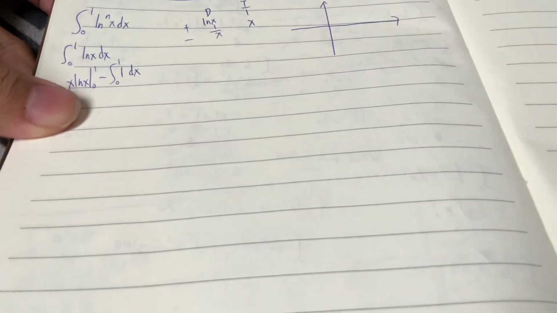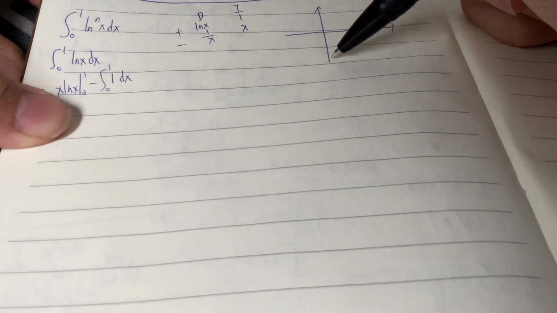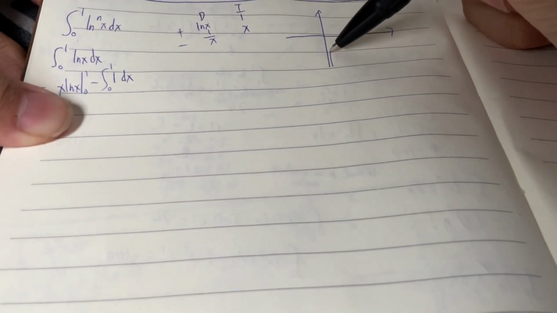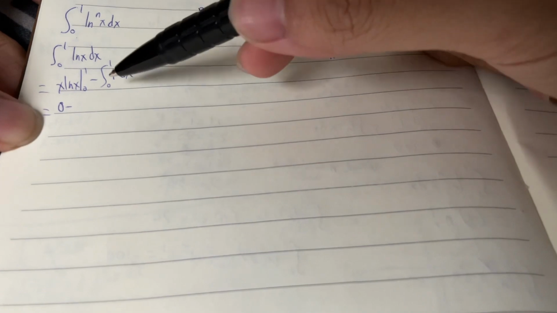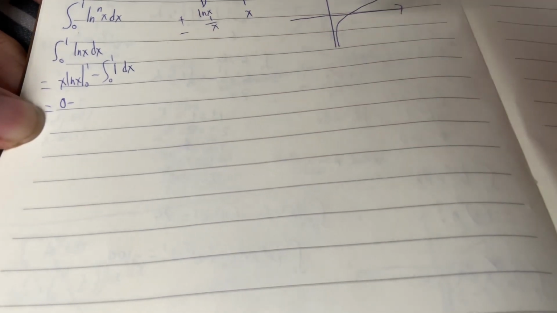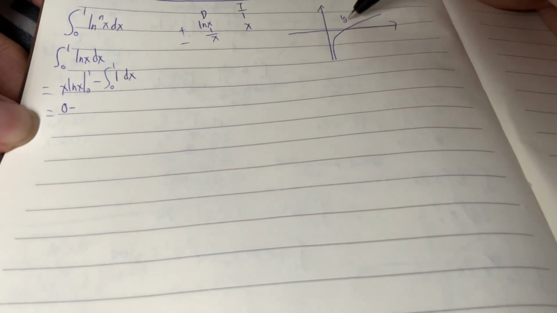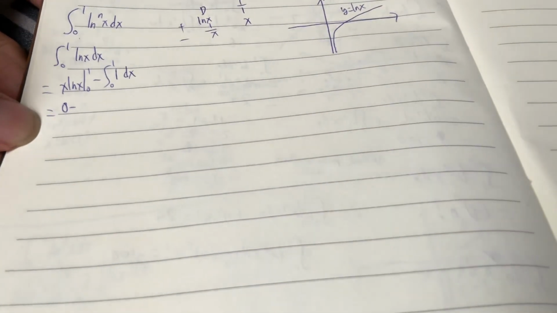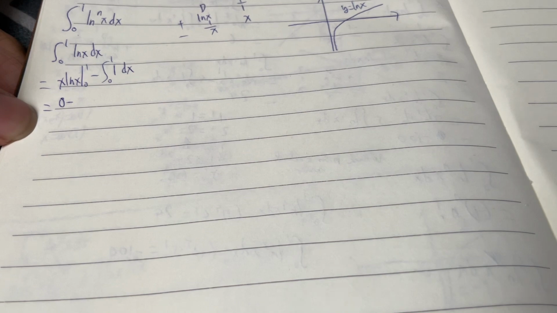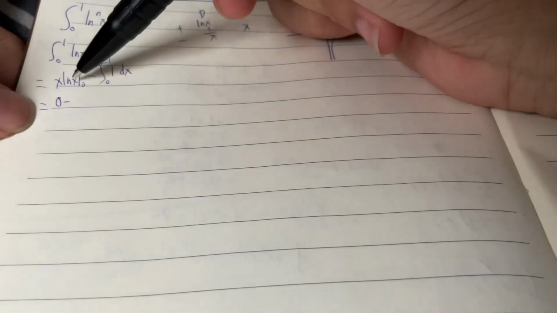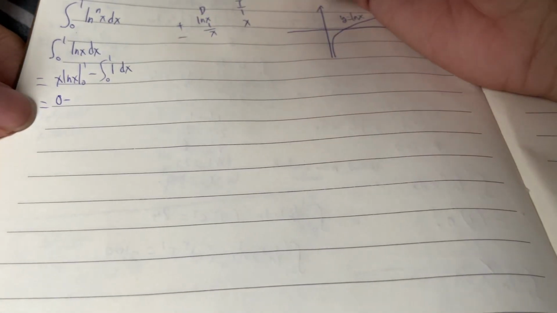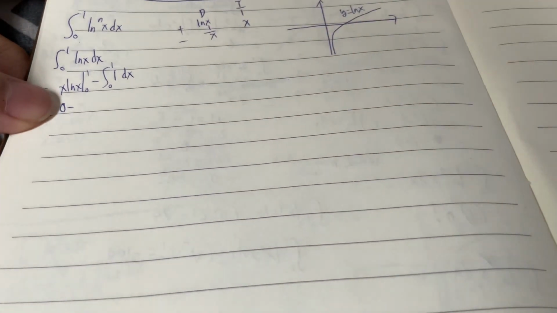The ln x graph like this is approaching negative infinity when x approaches 0. So ln 0 here is just negative infinity, and then 0 times negative infinity is an indeterminate form.